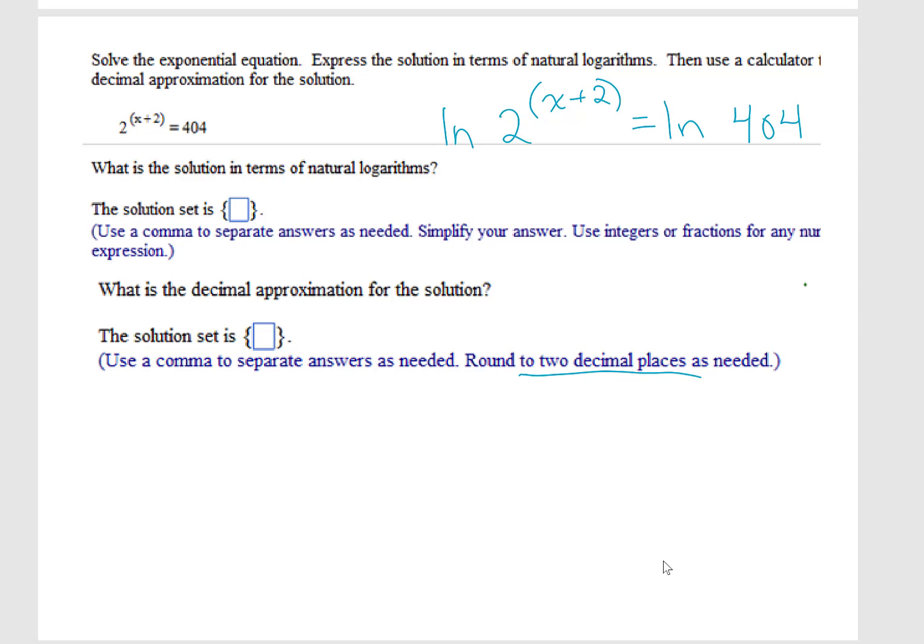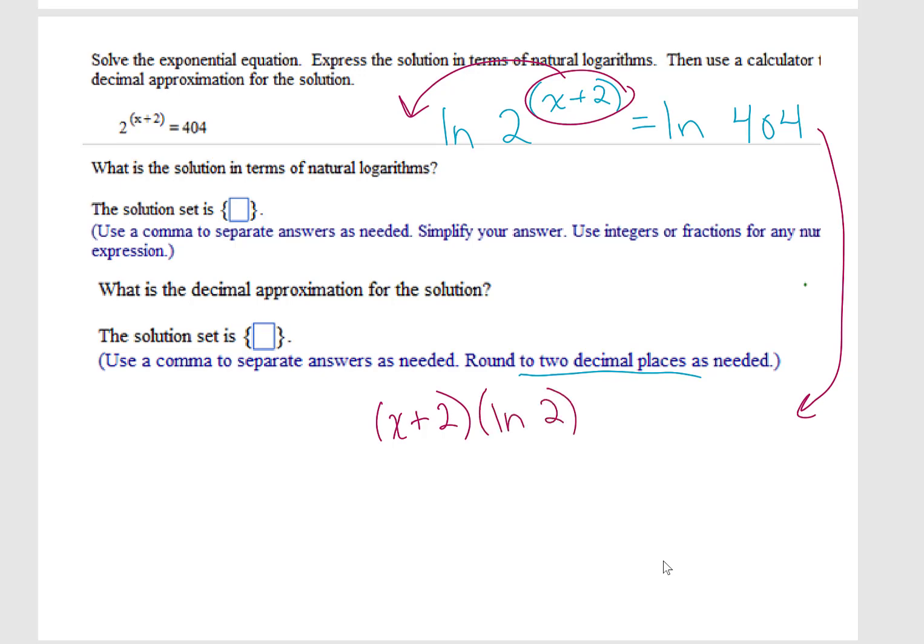both sides. Okay, then we'll take any exponents and plop them up front. I'm going to move down here. So now I have x plus 2, times natural log of 2 equals natural log of 404.